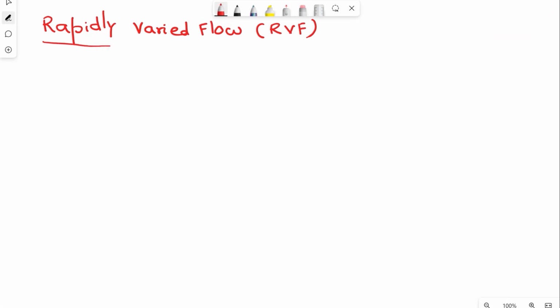What is rapidly varied flow? That is the first thing, right? The rapidly varied flow is a part of what? It is a part of non-uniform flow.